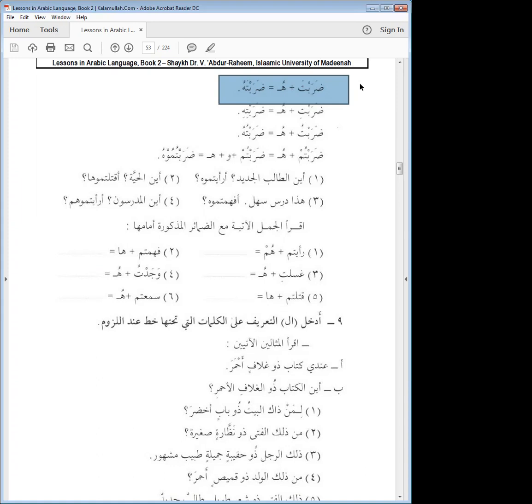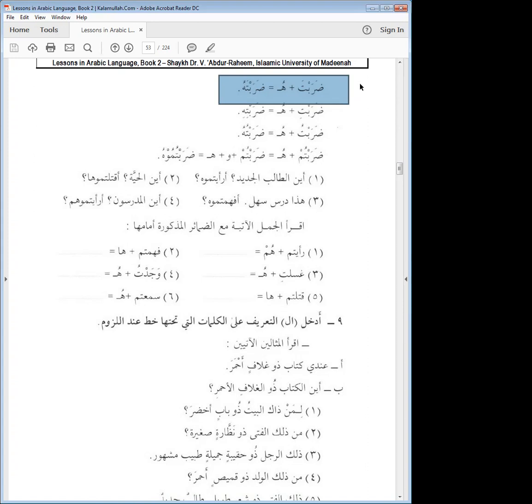In this case here, the ta with the fatha, this is the damir muttasil or the attached damir that represents the fa'il, the doer of the verb. So what do we have? We have darabta, and then we have the hu again, which is the maf'ul bihi, the object of the sentence. Darabtahu.